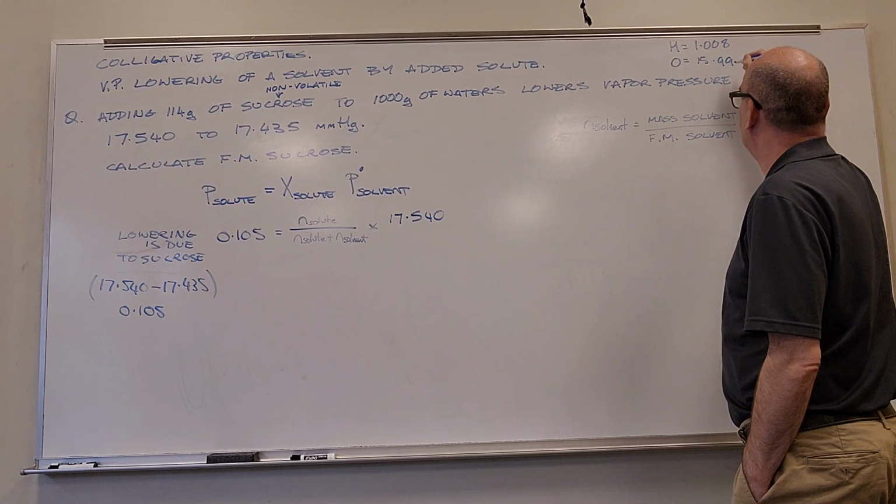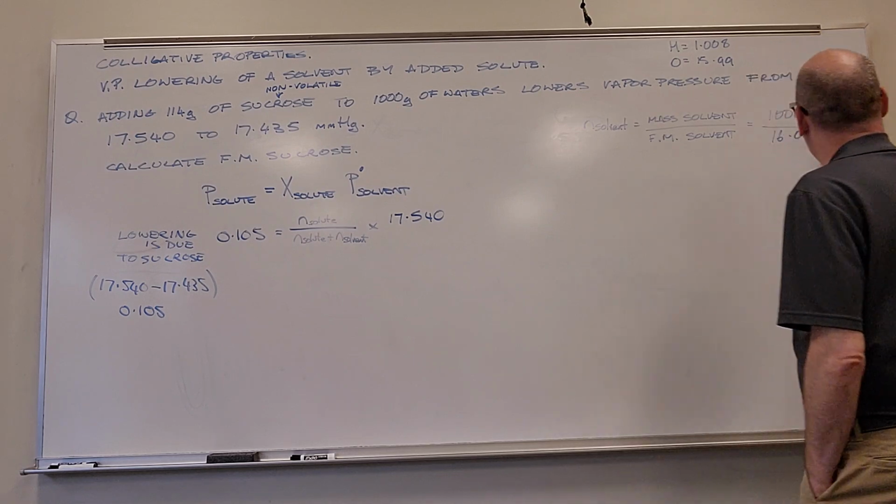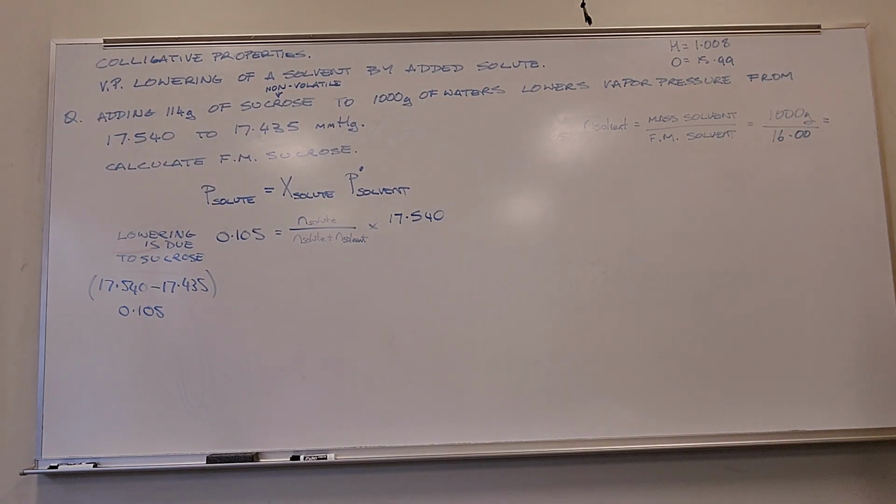It's just more fun. 1,000 divided by 18, right? This is 2 hydrogens and 1 oxygen. 55.55. Which is the answer to the question, what is the molarity of water?